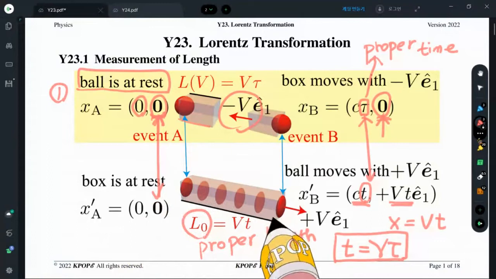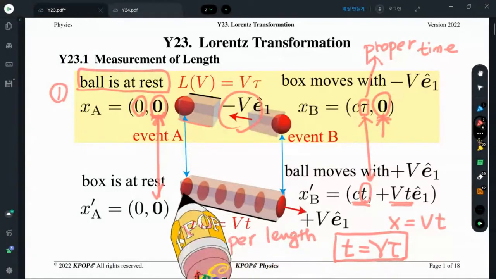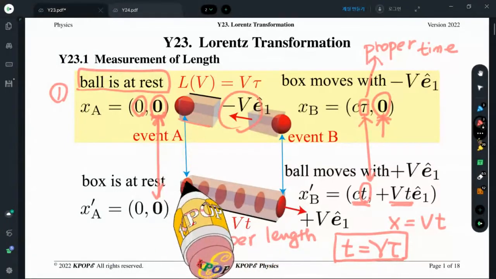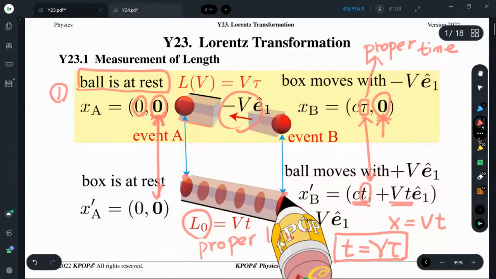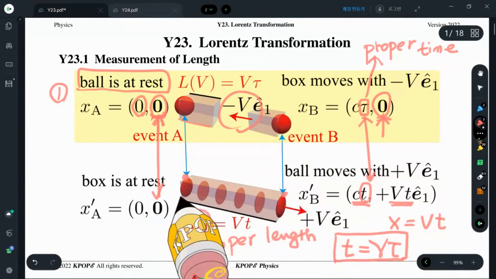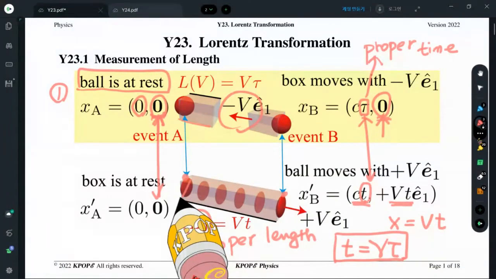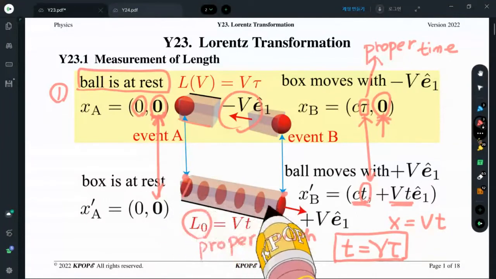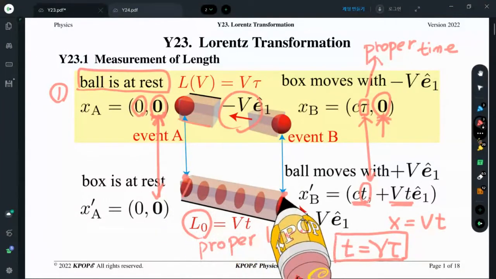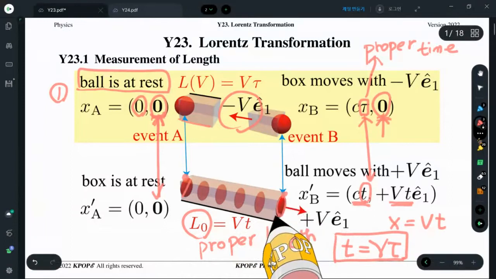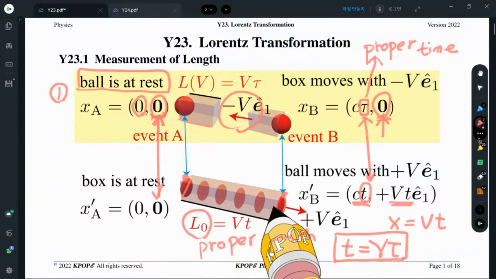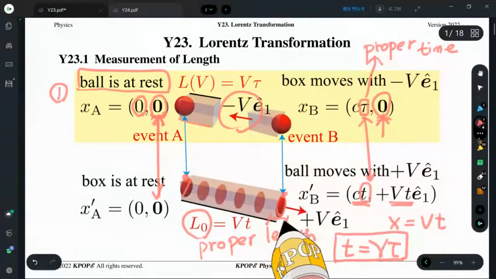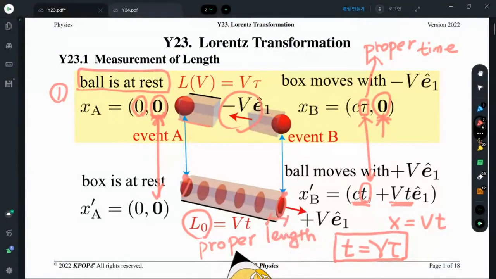The proper length of the box that is measured in the rest frame of the box can be measured by measuring the time consumed by the ball from this point to that point. You can see the diameter of this ball is still the same. However, along the direction of motion, it became pizza-like shape. So the diameter along the longitudinal direction has been shrunken.